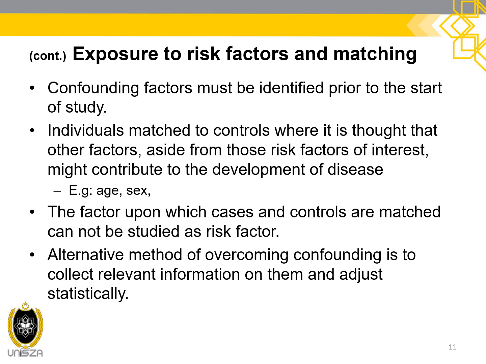Individuals are matched to controls where it is thought that factors aside from the risk factors of interest might contribute to the development of disease, for example age, sex, and ethnicity. The factor upon which cases and controls are matched cannot be studied as a risk factor. An alternative method of overcoming confounding is to collect relevant information on them and adjust for them statistically.